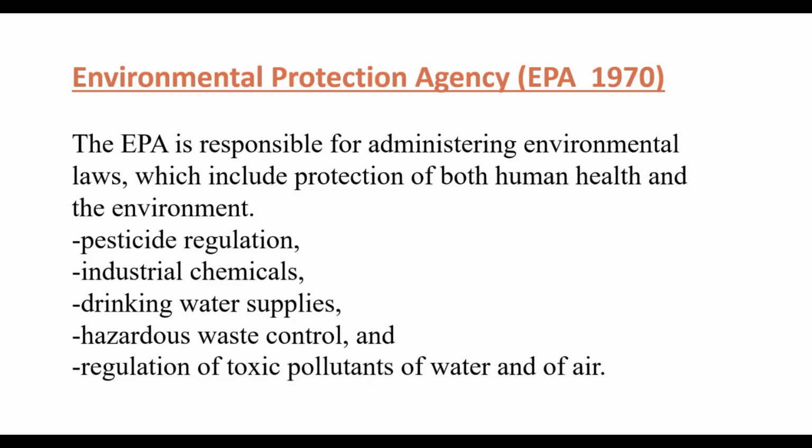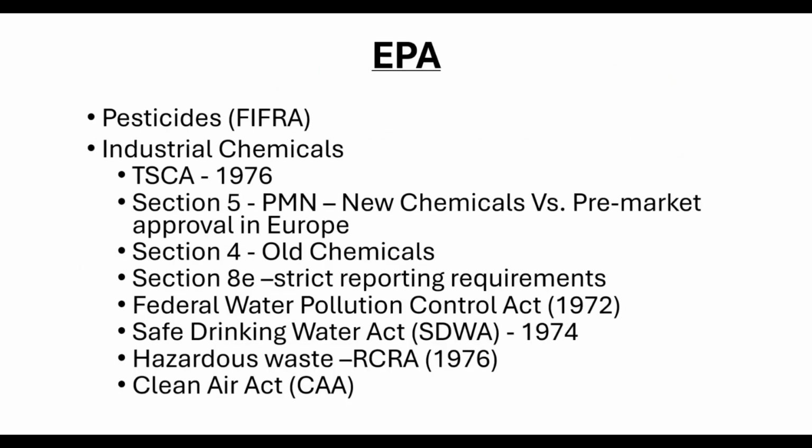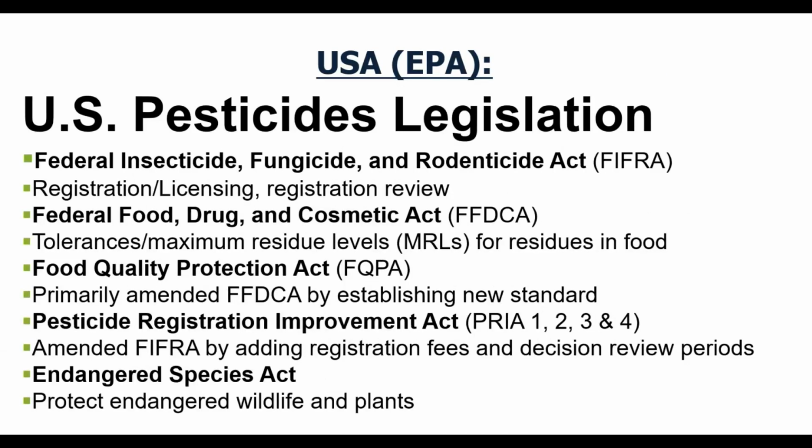There are separate statutes or laws for regulating hazardous waste and toxic pollutants of water and air. Very elaborate rules are available. These are some of the rules, but I'm not going into details of each of these.